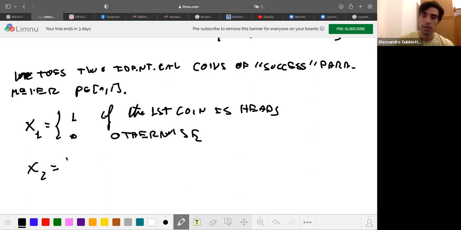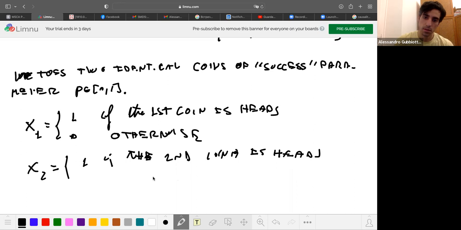X2 is the same variable, but related to the second coin: 1 if the second coin is heads, 0 otherwise.